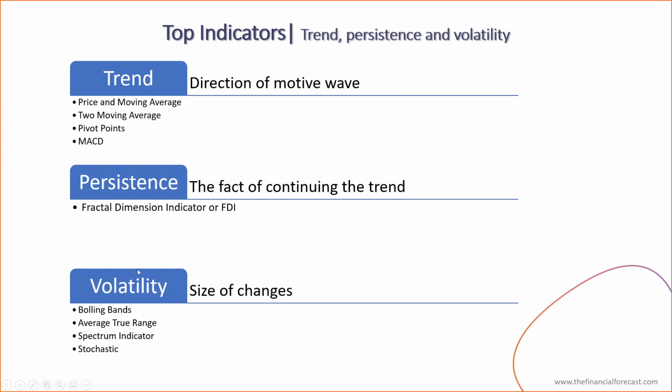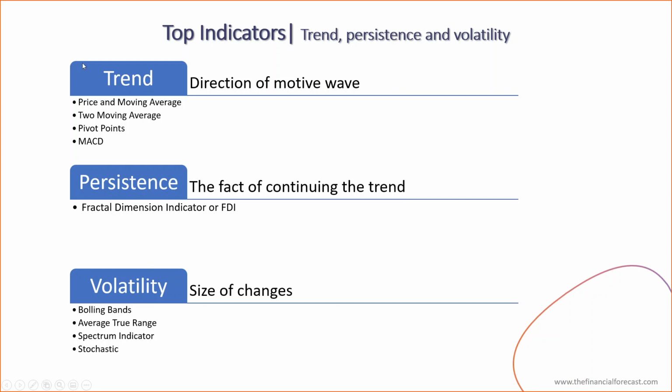And finally, to define the volatility, I like to use Bollinger Bands, the ATR. This is a proprietary indicator we have in the financial forecast called the spectrum indicator. This is really good to find the exhaustion of movements. And we can use also the stochastics to measure the changes in the candles, in the periods that we are analyzing. We'll use some of these.